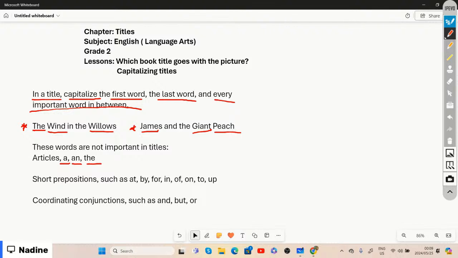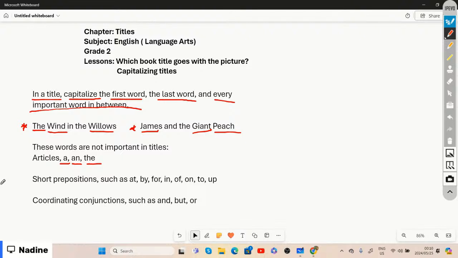And these words are not important in titles, so they need to be written in lowercase. So we do not capitalize articles, which is a, an, or the.